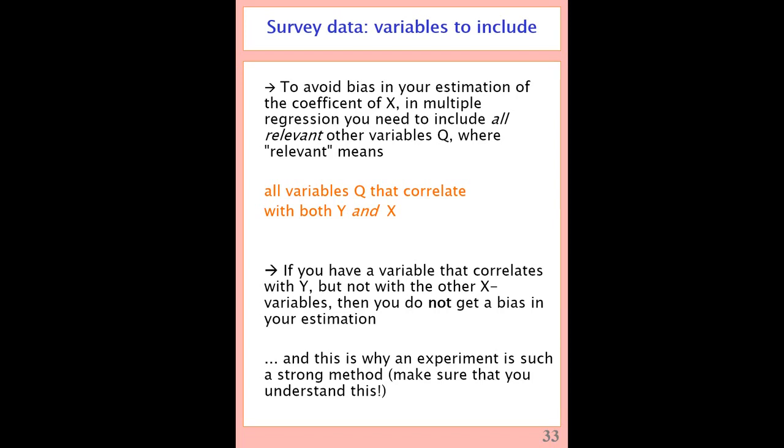And from that list, check which of these might be correlating with the other predictor variable that I'm interested in. And then you might even end up with, well, all. And then in principle, what you need to do is measure all these, which is a bit of a pain in the neck. You get a very long survey because of it.